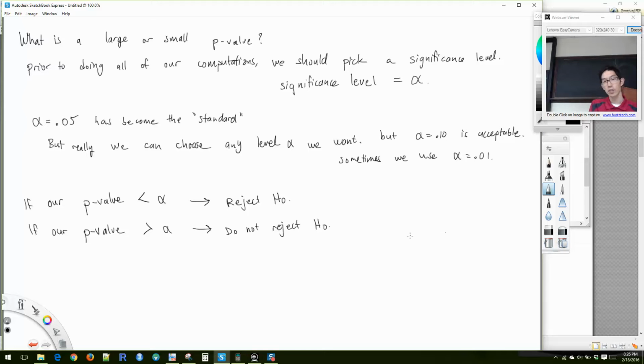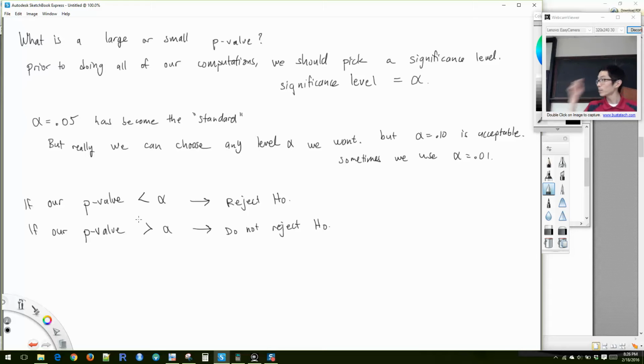So in general, alpha is 0.05, and if your p-value ends up less than 5%, you reject the null. If your p-value ends up greater than 5%, we say you don't have enough evidence to reject the null.